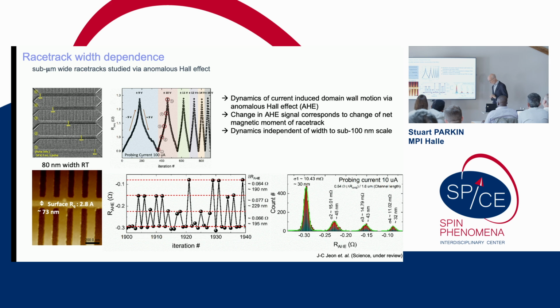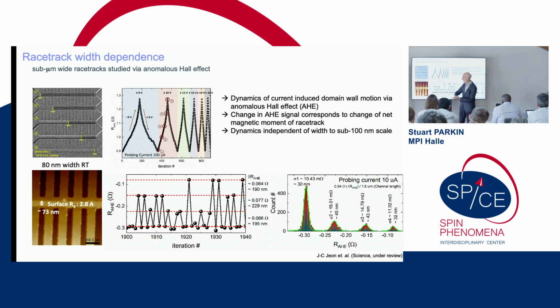So what we've done, this is work by Jae-Chun John and Andre Miglioni, we've developed racetracks now, which you can see here, 70 nanometers wide, but in this case we pattern platinum underneath the racetracks. So here you can see, this is the cobalt, nickel, cobalt racetrack. It's only 1 nanometer thick.